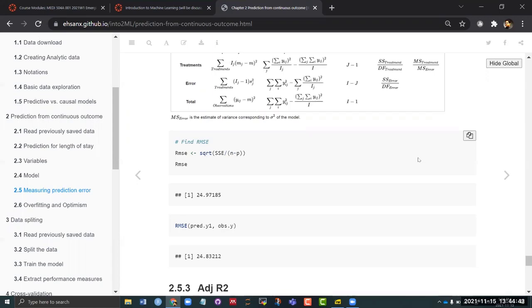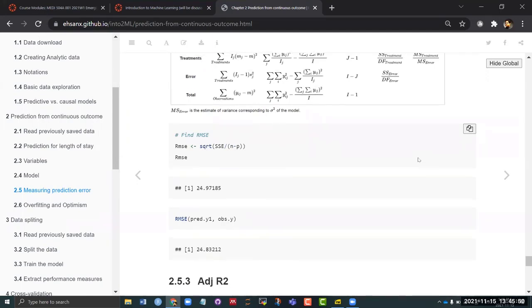For R-square, it is very easy: we know 1 is the upper bound, so we know exactly where in the range our R-square belongs. Root mean squared error does not have that advantage. But when you are comparing two different models, if one model is giving 24 and another is giving 30, then you can compare. That's the purpose of root mean squared error.